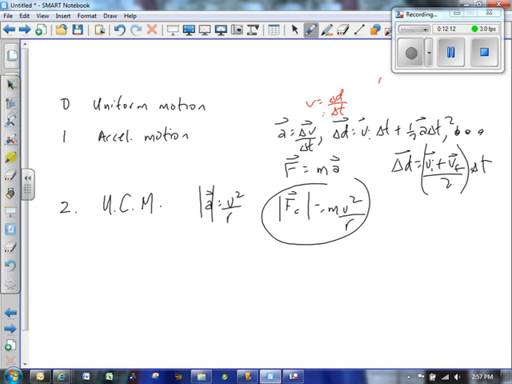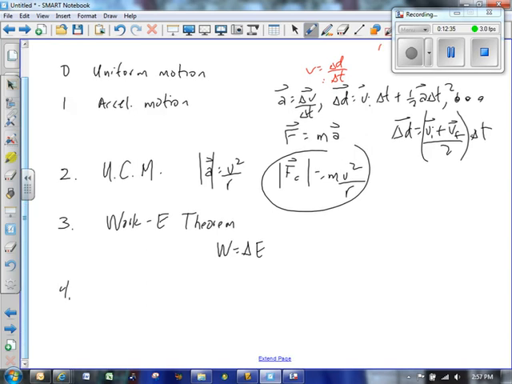3, the work energy theorem. If you're assuming that the work done is equal to the change in energy, then you're using the work energy theorem. Principle number 4, it says conservation of momentum.